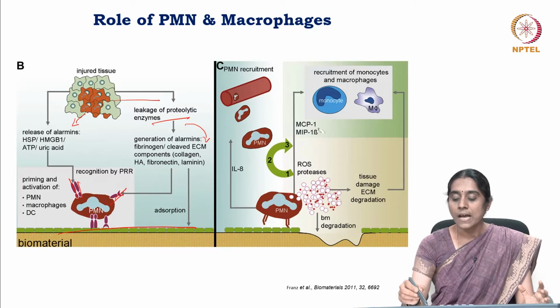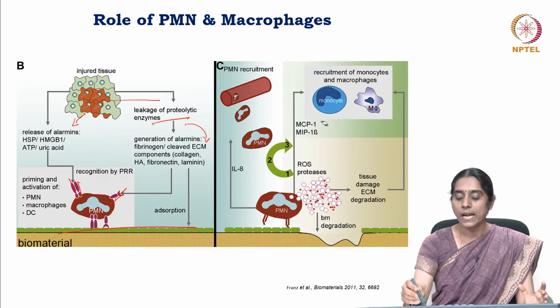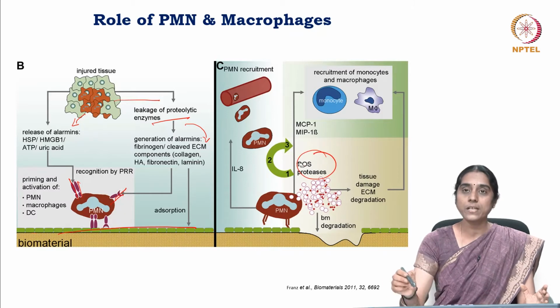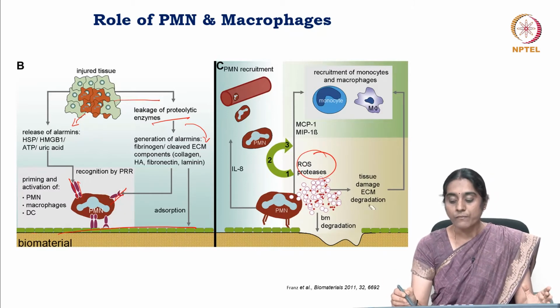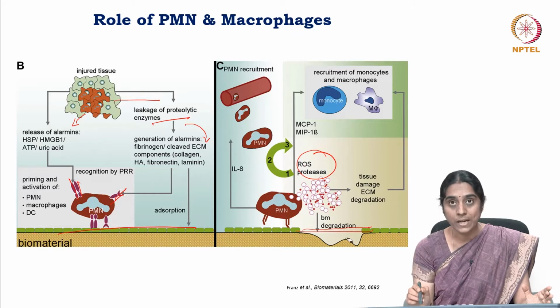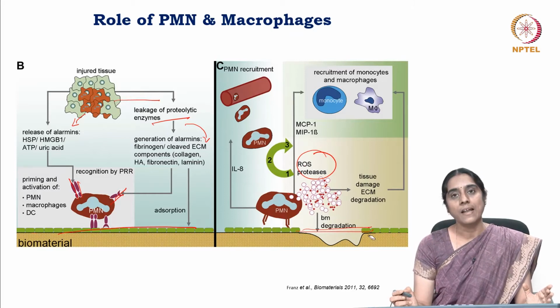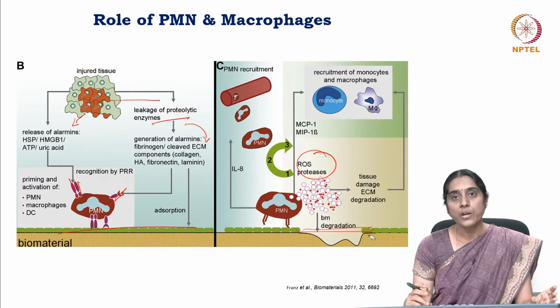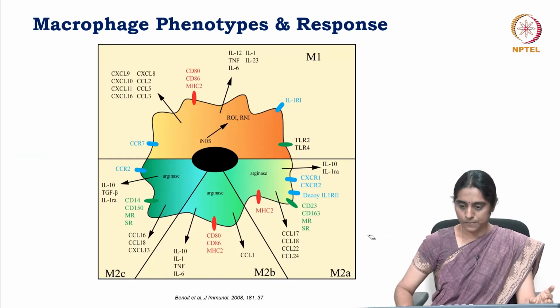This recruitment of monocytes may lead to the generation of ROS and further protease secretion, which will cause tissue damage and extracellular matrix degradation, which was adsorbed on top, and further even the biomaterial will be damaged by the immune cells, neutrophils and macrophages together.